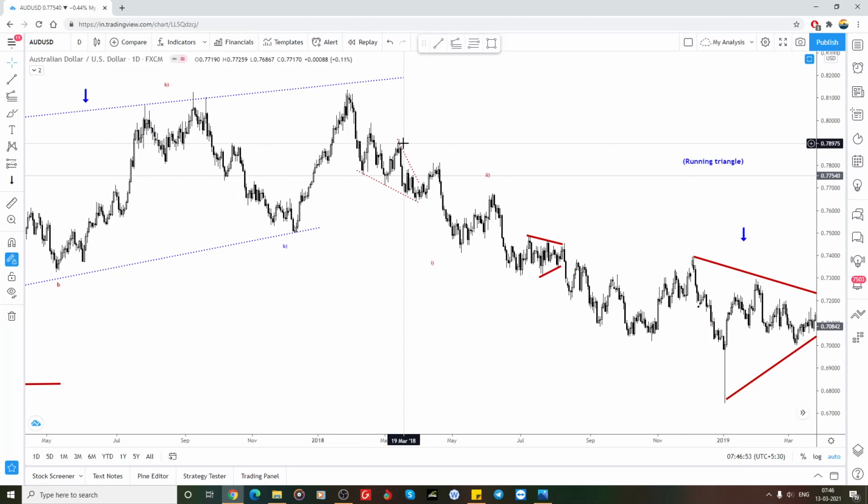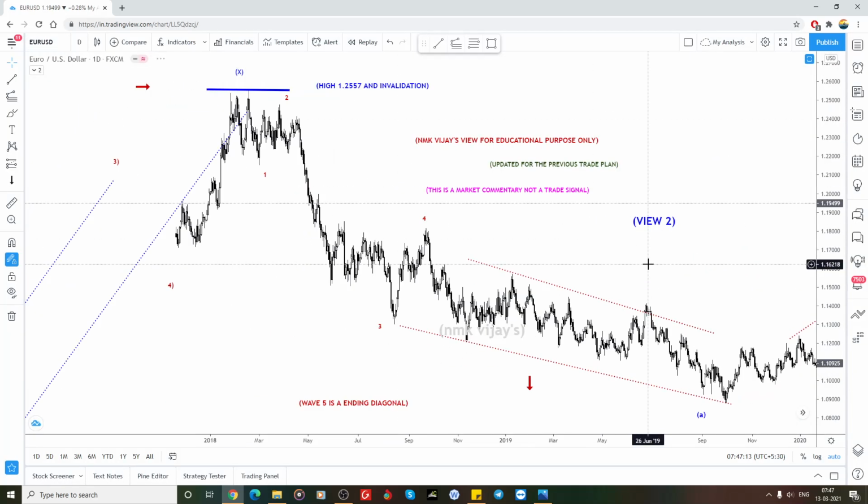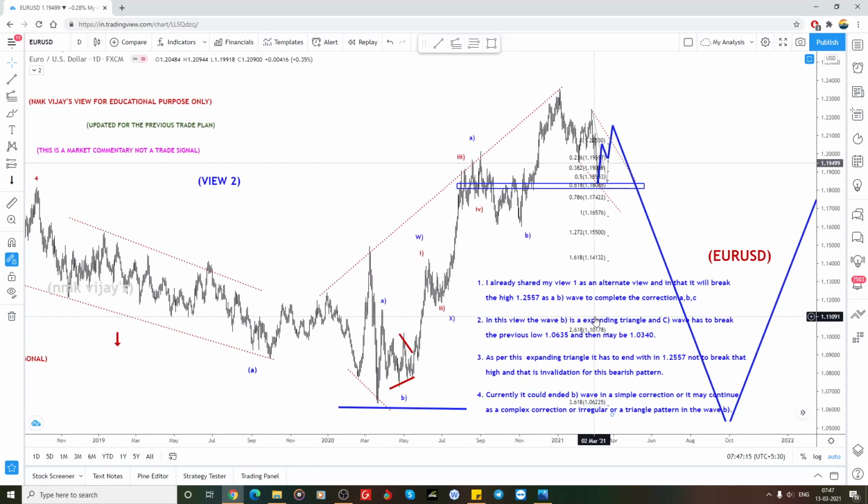So I'm expecting the fourth, and after that it will be the fifth wave. So that could be a leading diagonal. After that the three-wave structure, and it will fall. In this it's very small, so it can be here. I'm not expecting the same, but this is the way of price action I'm expecting in that EUR USD in this zone.